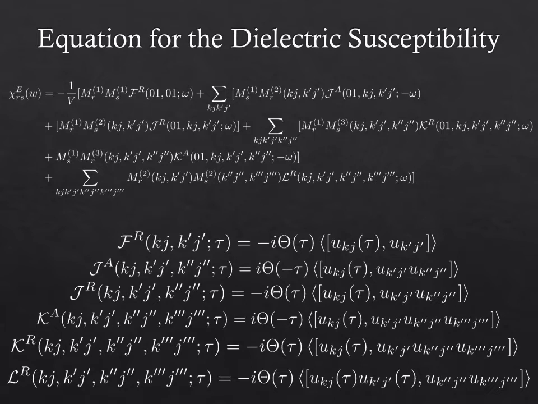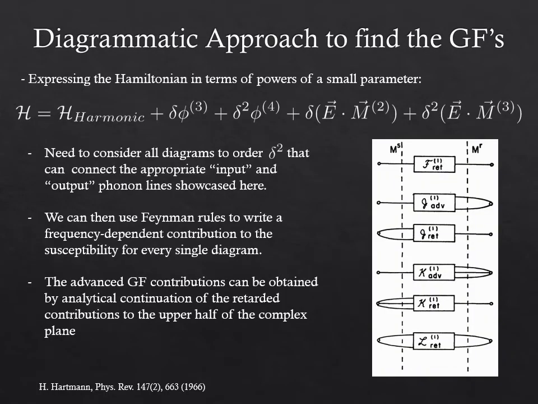So already we have a lot of information, and all we have to do is fill in the gaps. What I've just said is illustrated in this right diagram here, where the inputs and outputs are there, where every line is a phonon line, and we just have to fill what is in each box, aka all the diagrams that contribute to this.